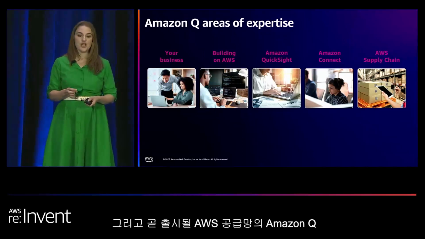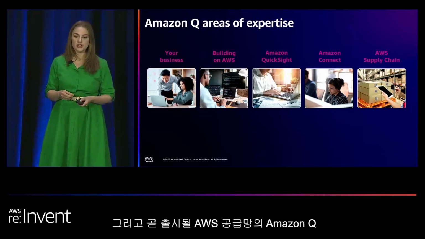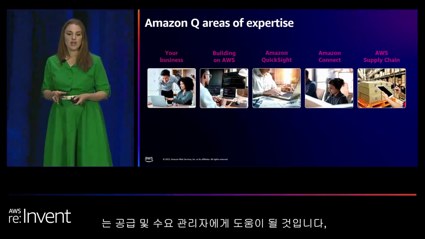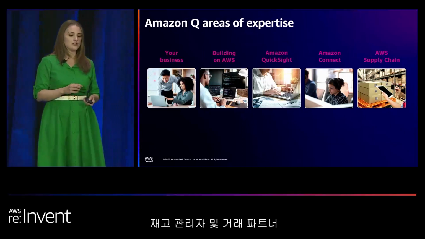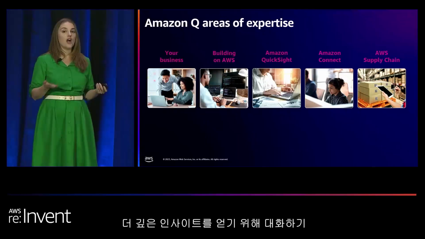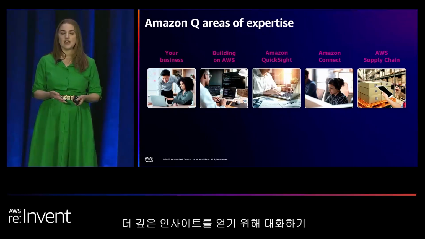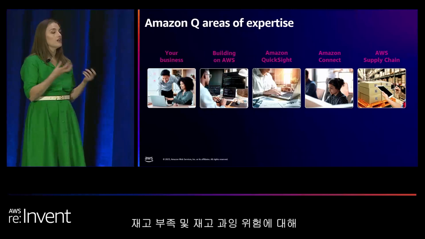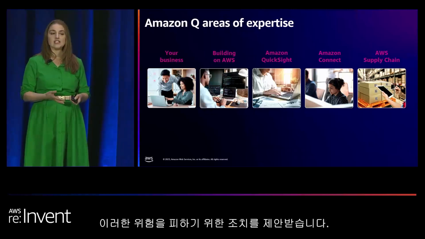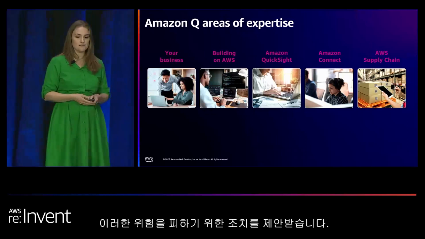And coming soon, Amazon Q in AWS Supply Chain will help supply and demand managers, inventory managers, and trading partners have conversations to get deeper insights about things like stock out and overstock risks and get suggested actions for avoiding those risks.